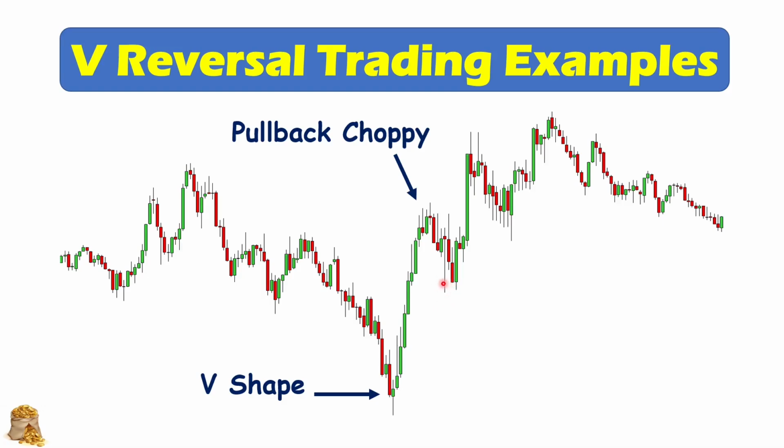That means there's pressure from the seller. So that's why when you see the trend continues up, it doesn't go any further other than here. And then it pulls back again with a very choppy pullback. So when you see this kind of choppy pullback, you're not expecting the uptrend will go even further, even though we have a very good start of the consecutive bull bars here.